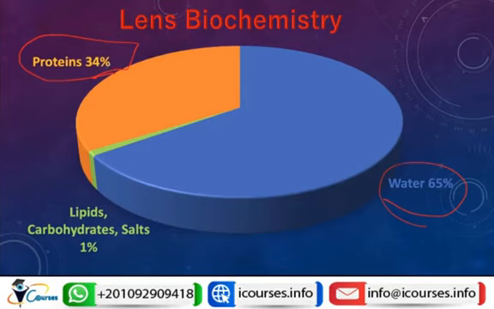This is the highest protein ratio of any tissue within the body. So this is very, very important and will be discussed in much more detail. Finally, there is 1%, which accounts for lipids, carbohydrates and salts.